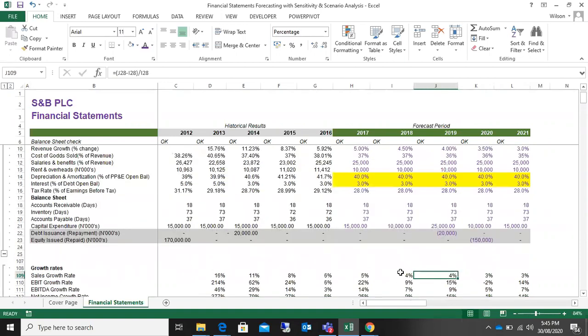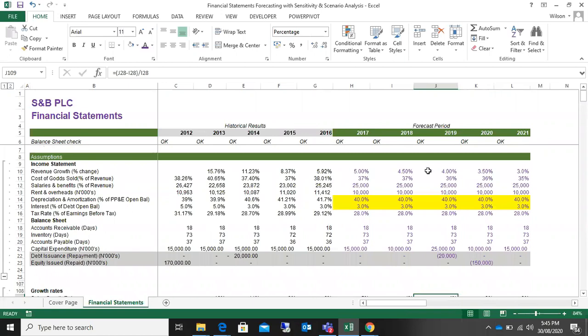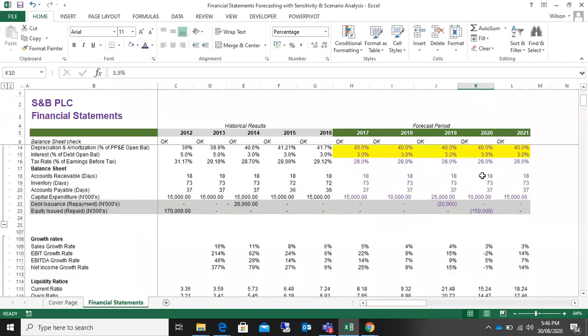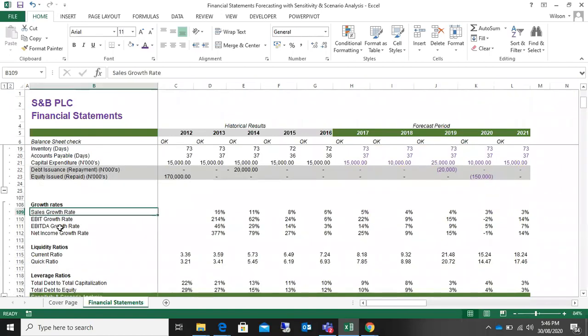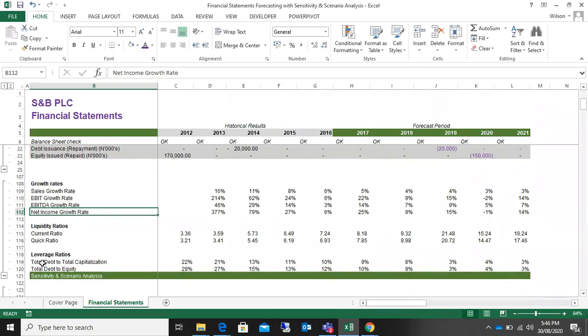So I can tell management that if the revenue growth rate changes from 4% to 3.5%, that is going to have an impact on the sales growth rate, on EBIT, EBITDA, and on net income. It's going to have an impact on total debt to total capitalization and also total debt to equity, because your net earnings for the current period affect your retained earnings, and once retained earnings is affected, your equity is affected.